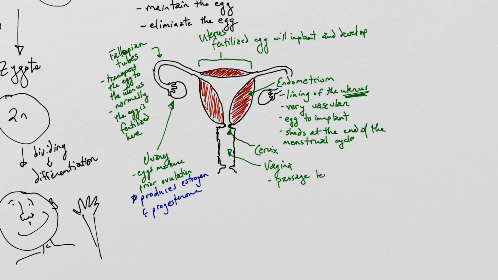So it's a passage leading to the uterus. That's where the penis gets closer to the egg.